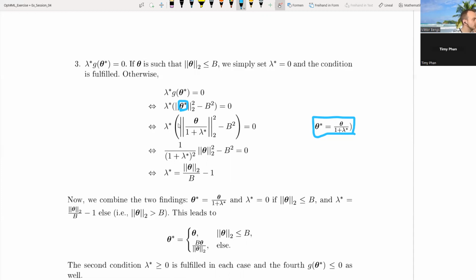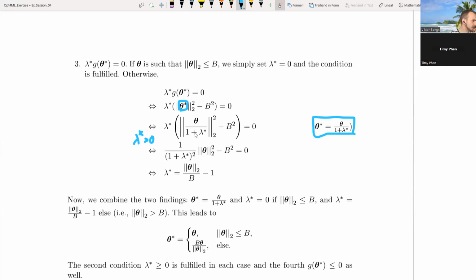We multiply on both sides, or divide on both sides, with lambda star. This is what we can do because we are considering the case where this is strictly greater than 0, because the case where it is 0 we already had. We pull out the 1 plus lambda star in the denominator here in the Euclidean norm.